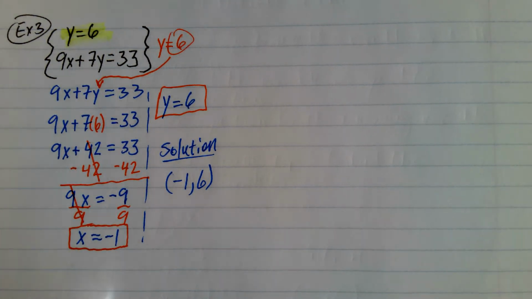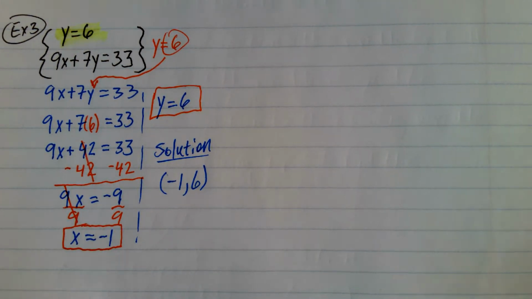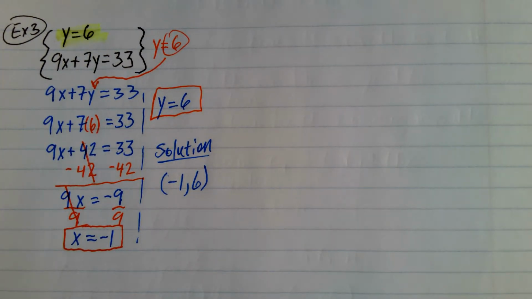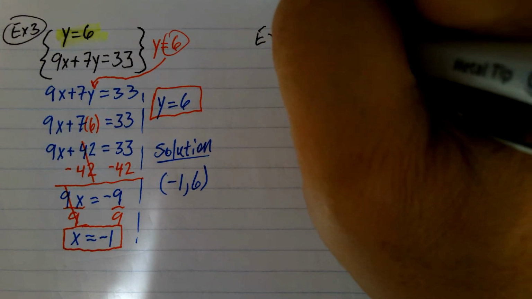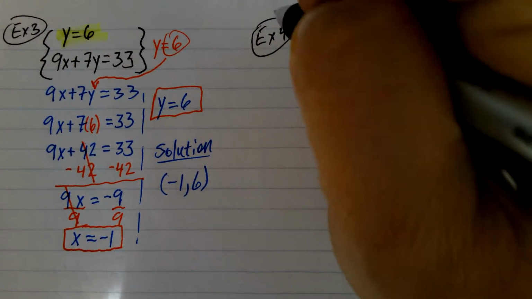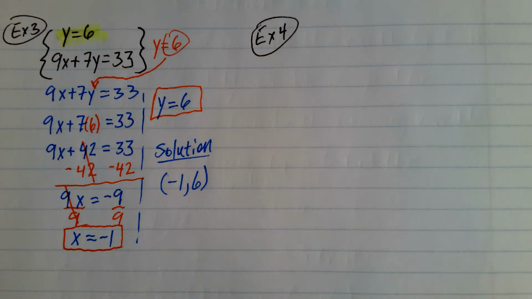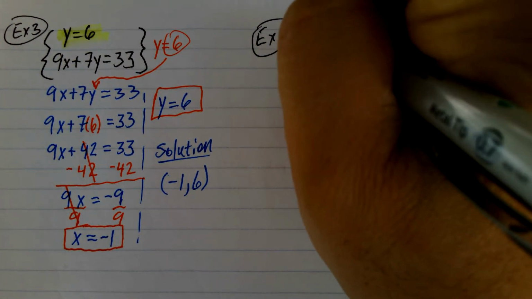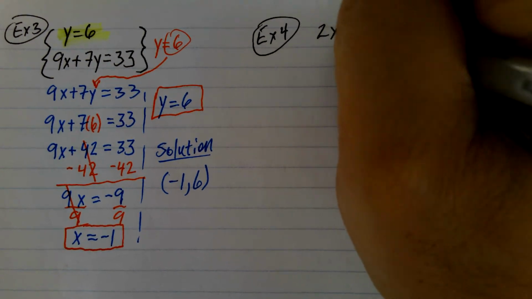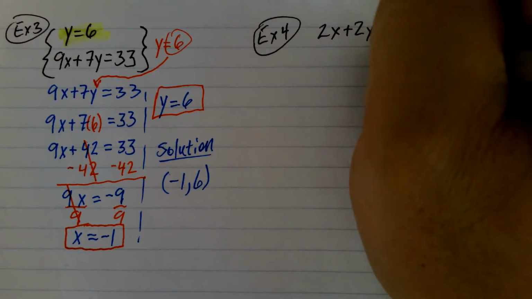Okay, so we're going to continue solving a few more. So let me move this over. We'll do example 4. 2x plus 2y equals 50.